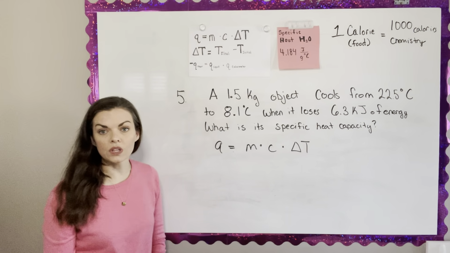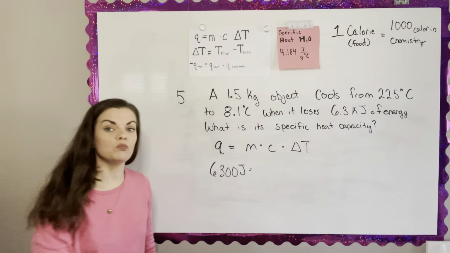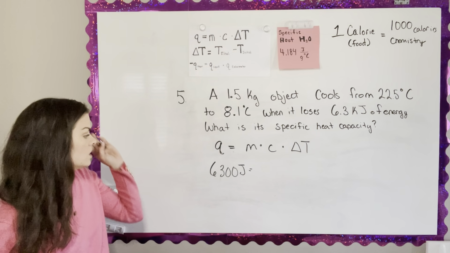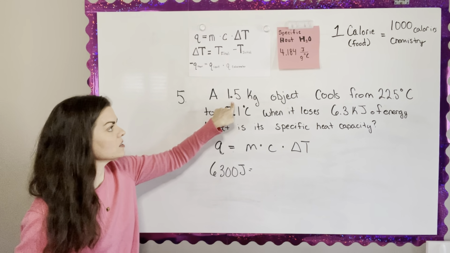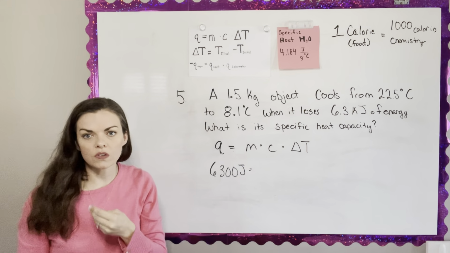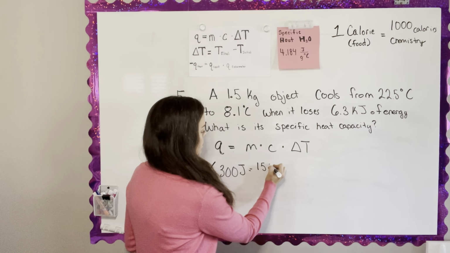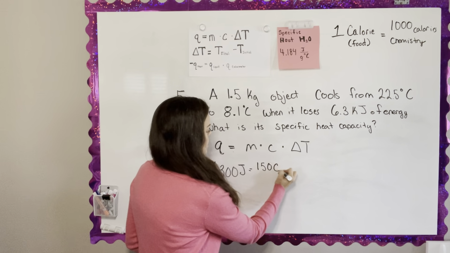But the Q, or the heat, is given to you as 6.3 kilojoules. You're just going to move your decimal over. Then the mass needs to be in grams, and so I need to get 1.5 kilograms into grams. So I'm going to move my decimal place over. 1, 2, 3.